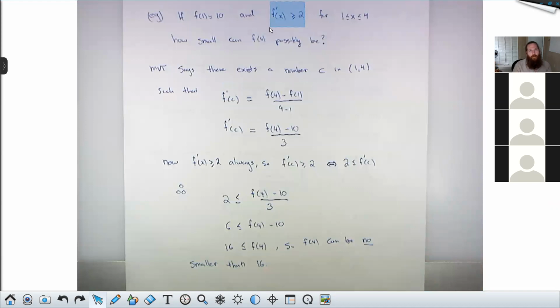So if your function's always growing at least at rate of change 2, and you're starting at the point (1, 10), then when you get out to x equals 4, you have to be at least at 16, because for every 1 you go over, you have to go up at least 2. And the slowest way you can do that is by staying along the dotted line that I drew a second ago.